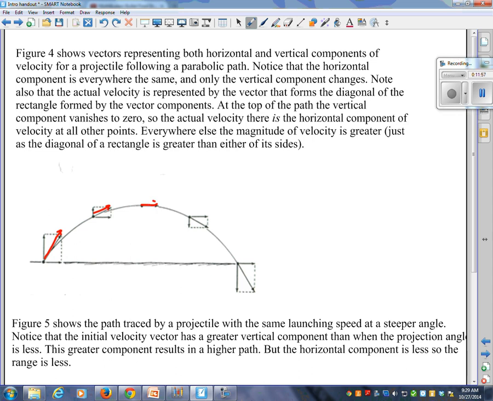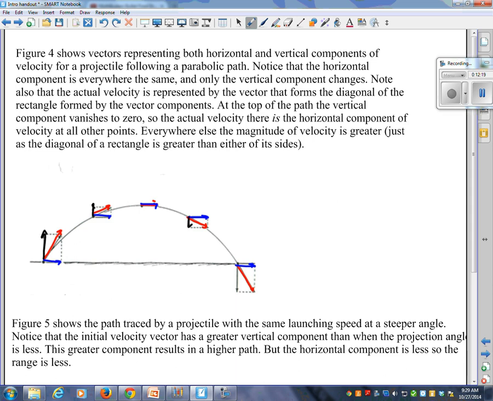Oops, I guess that's true. And it's tangent to the path. And then we have horizontal components, which I will draw in blue. And you'll notice that the horizontal components are all what? All the same.